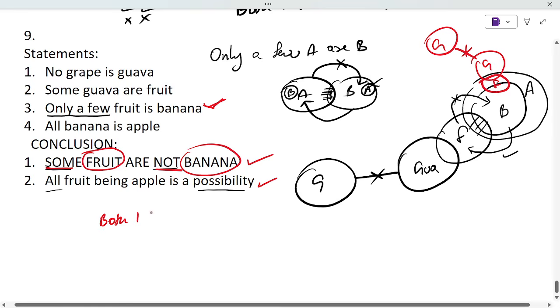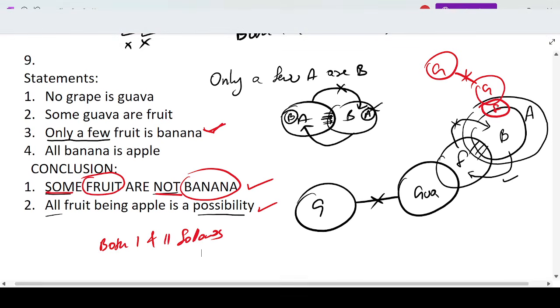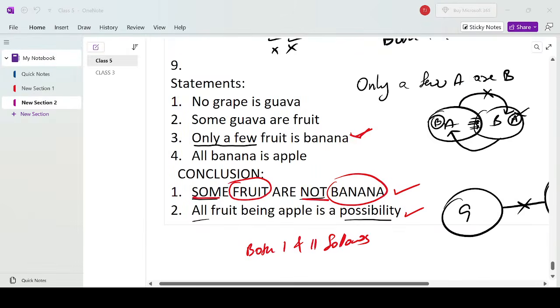So right. So if you have any doubt, we can still clarify it. Question 8, statement 3.